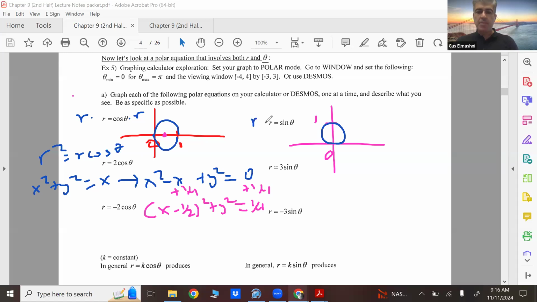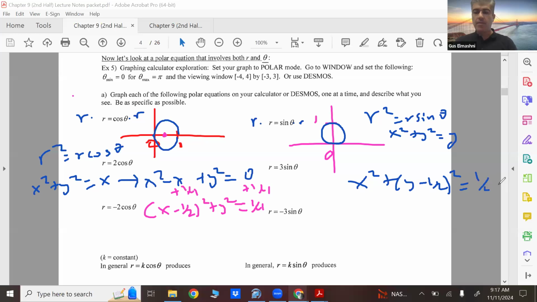That's because if I multiply both sides by r, r squared equals r sine theta. X squared plus y squared equals y. You can get the same exact thing, but it'll be a different orientation. It'll be x squared plus y minus half squared equals 1/4. Okay.